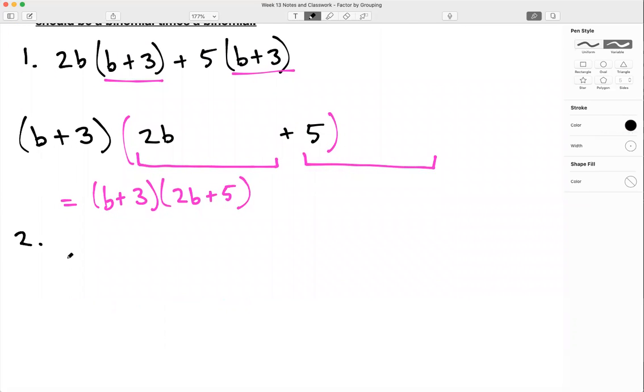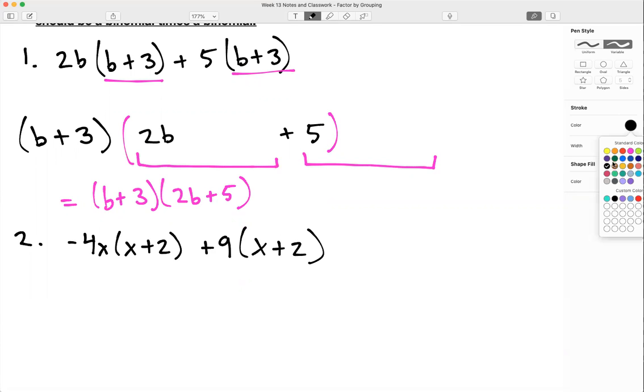Number 2. We've got negative 4x times x plus 2, plus 9 times x plus 2. And between these two terms here, I think you can immediately see that x plus 2 is a common factor. That means that we can pull out x plus 2 from each of these terms, being a common factor.